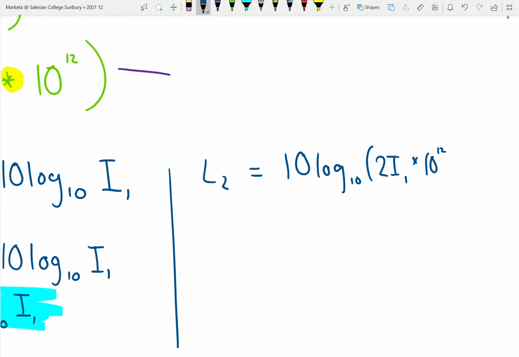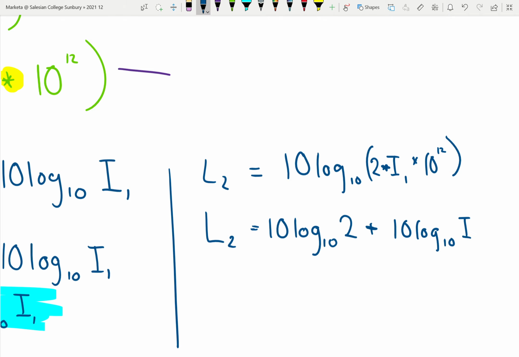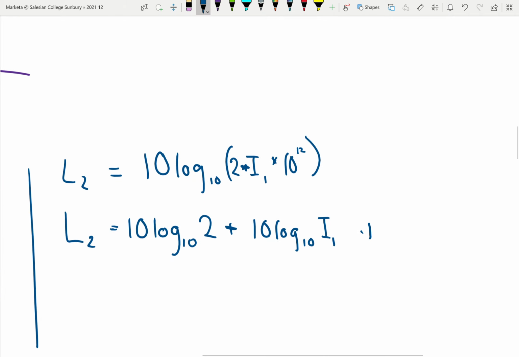So let's break it down in the same way. So L2 equals 10 log 10 of 2. And remember that it's 2 times I1, so it's another one where we can break it down into an addition of logs there, plus 10 log 10 of I1, plus 10 log 10 of 10 to the 12.